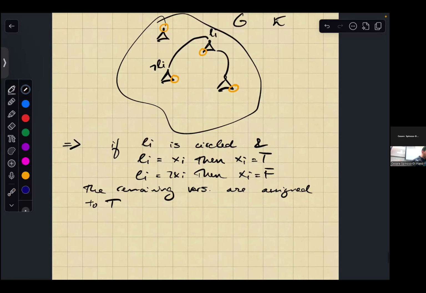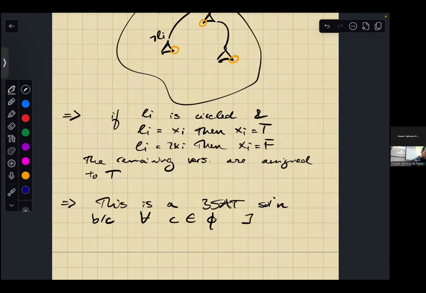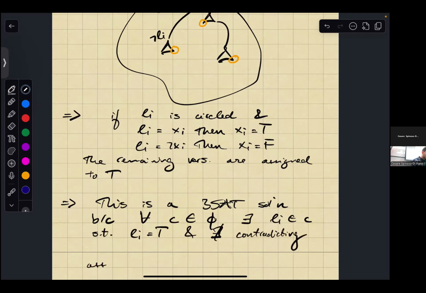And so therefore, this is a 3-SAT solution, because for every clause in phi, there exists an Li in that clause such that Li is true, and there does not exist contradicting assignments.